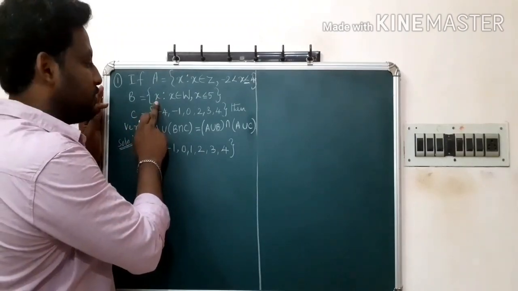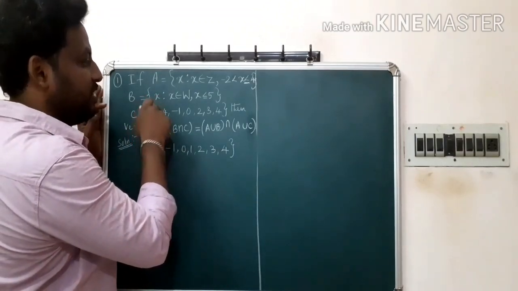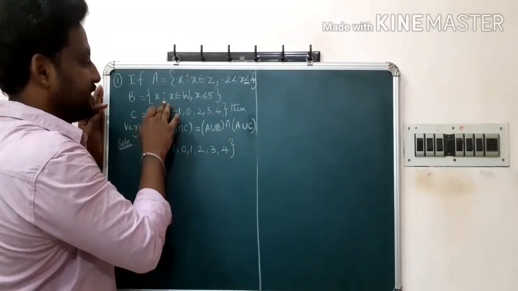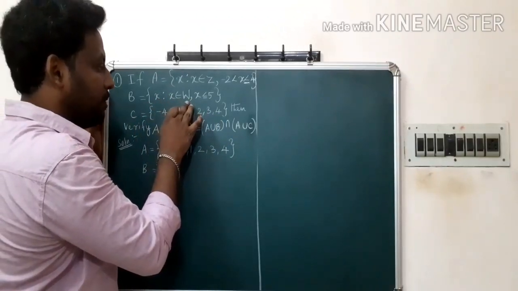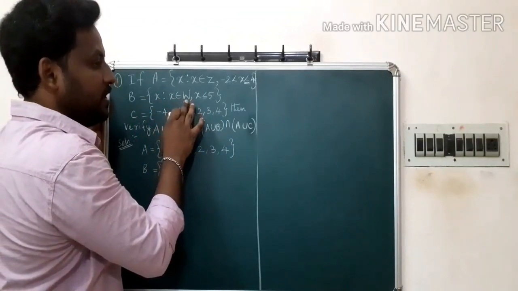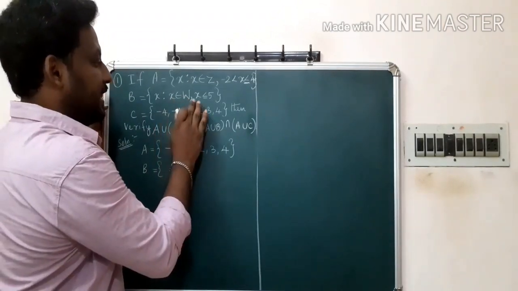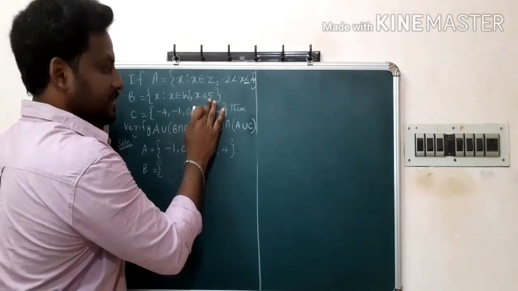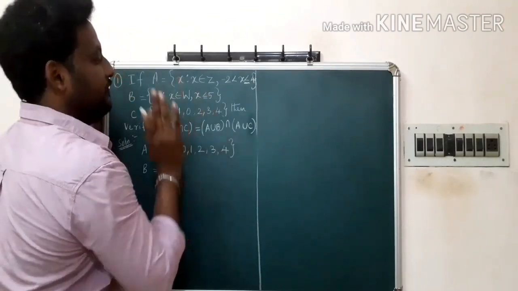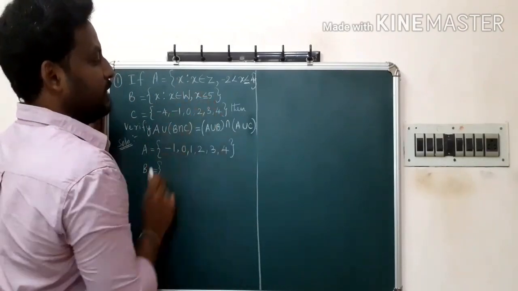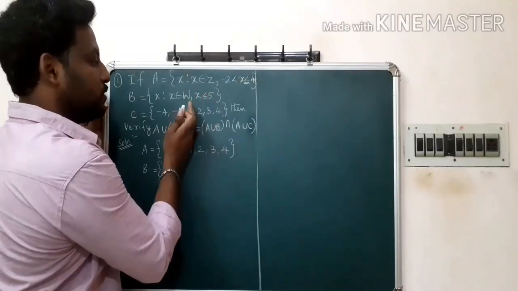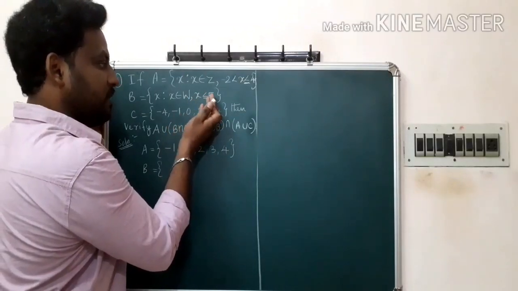And set B is also given in set builder form. We have to convert into roster form. X such that X belongs to the whole number. We know that the whole number starts from 0. And then X must be less than or equal to 5, which means we have to include the number 5 also.